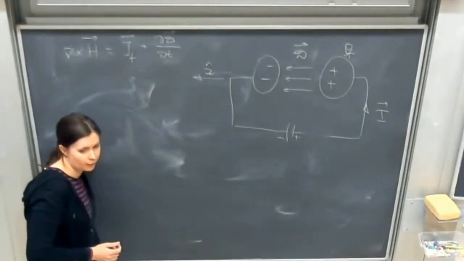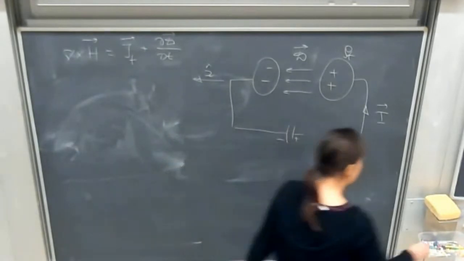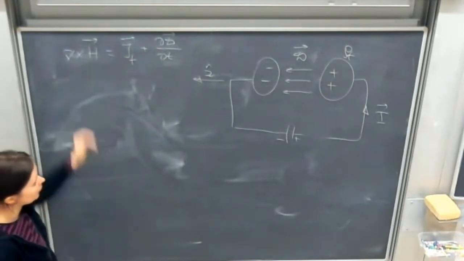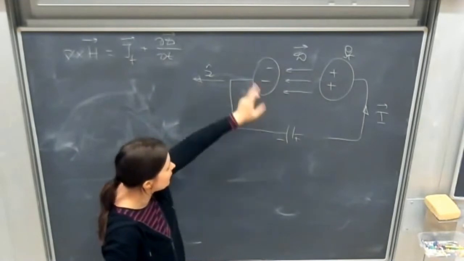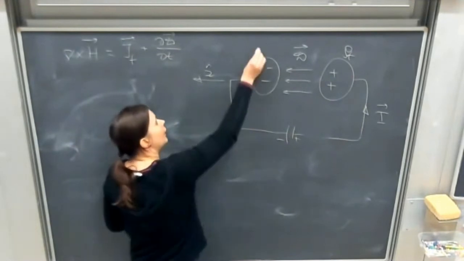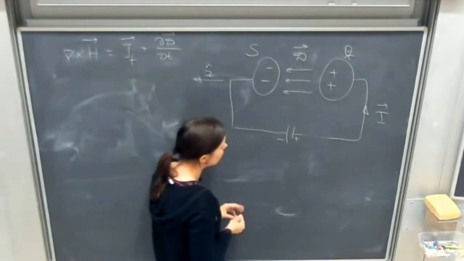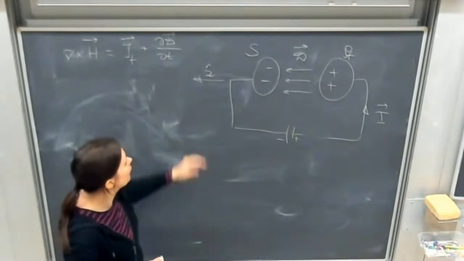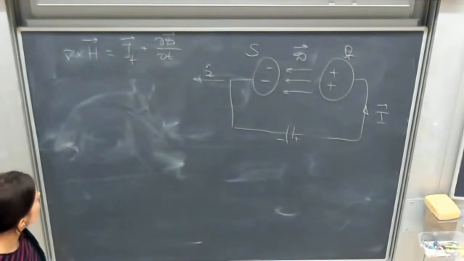So using this equation, we can find the H magnetic field. For this circuit, where the capacitor has a circular plate of area S, and the current flowing in this way, the displacement field between the plates is directed along the z-axis. So let's try to solve this problem.